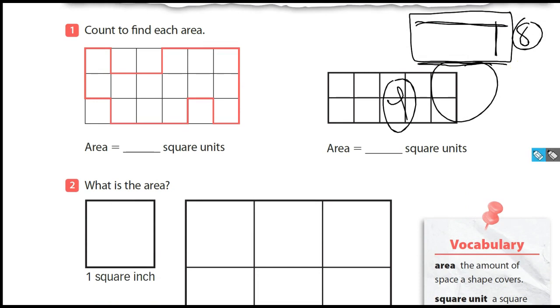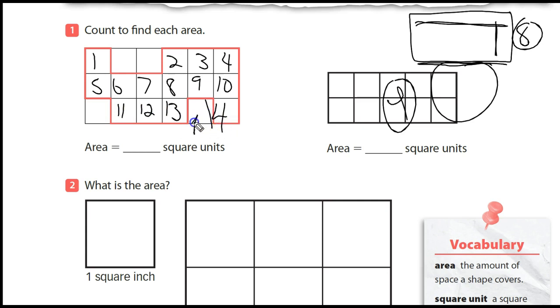So, let's see. 1, 2, 3, 4, 5, 6, 7, 8, 9, 10, 11, 12, 13, 14. Okay? Do I count this section right here? No, because there's not red underneath. Okay?